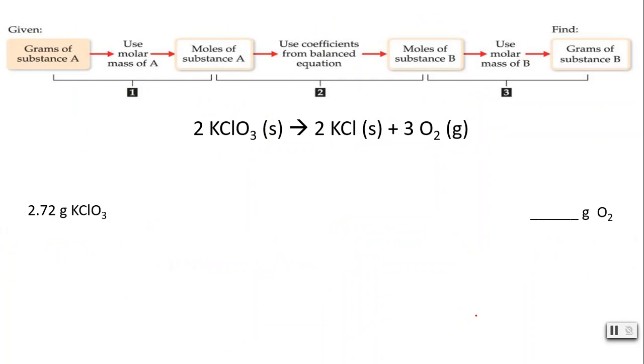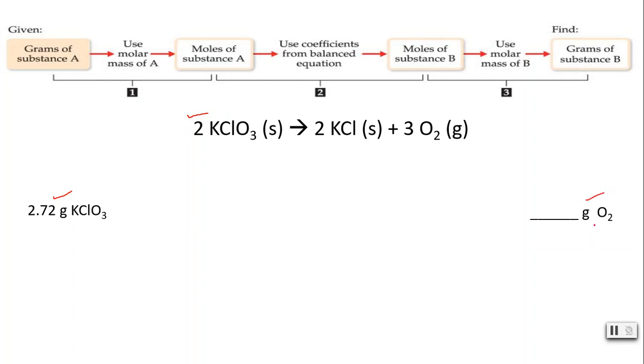So to do that problem, which I've written down here, and I have the little guide, the little flow chart up here, we'll start out just like we do with other dimensional analysis problems. Write down what we're given, give ourselves some space to work the problem, write down what we're looking for.